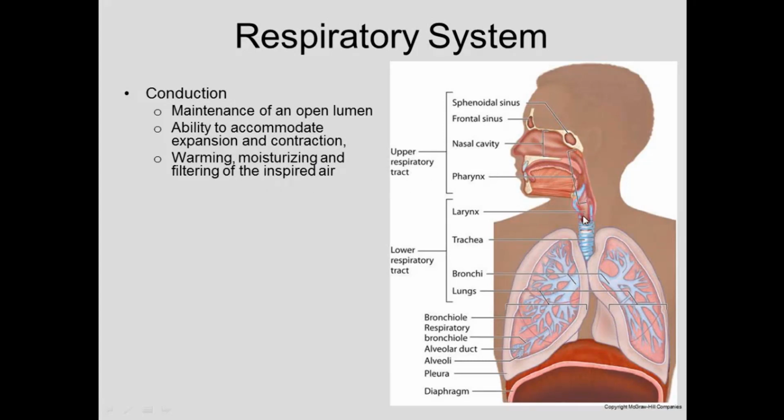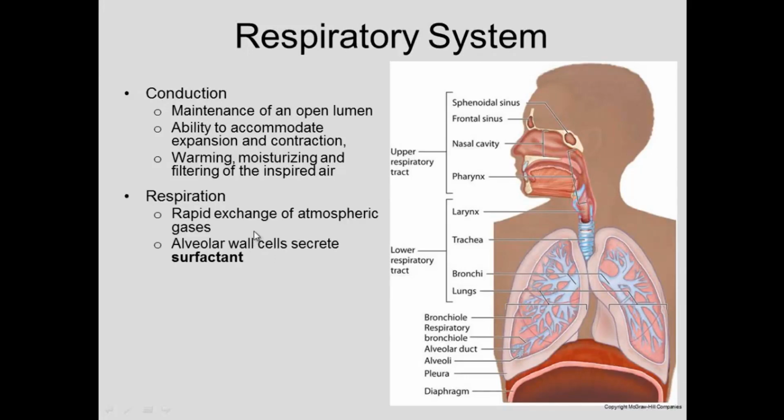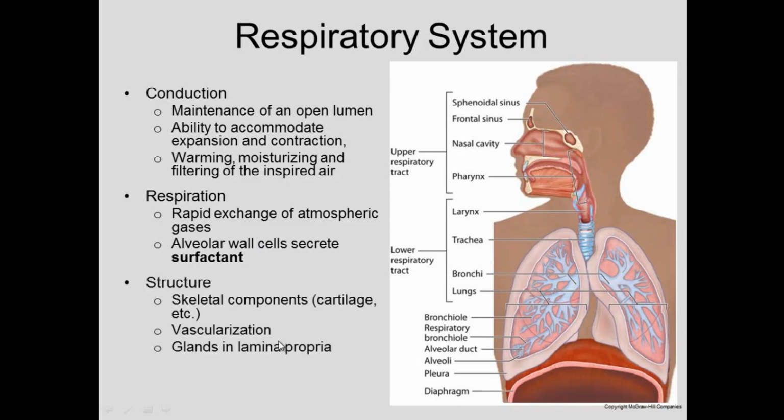Also, it warms the air, cleans the air, filters the air, and humidifies the air. Then you have the respiratory portion where gases are exchanged: respiratory bronchioles, alveolar duct, alveoli, alveolar sacs, and you also produce surfactant. Surfactant reduces surface tension so the alveolus can be opened up again.